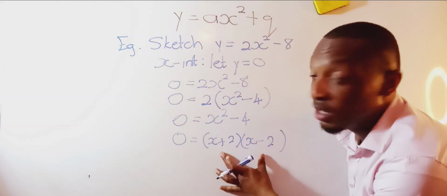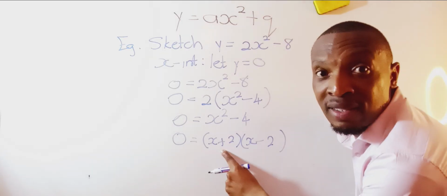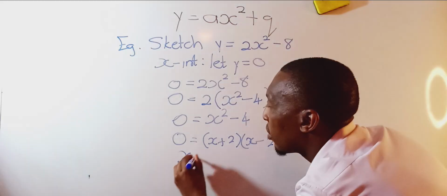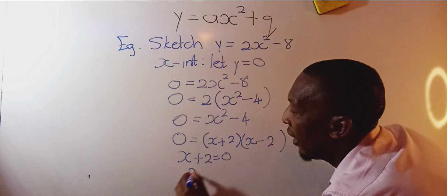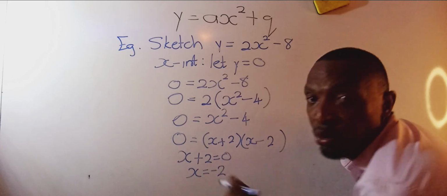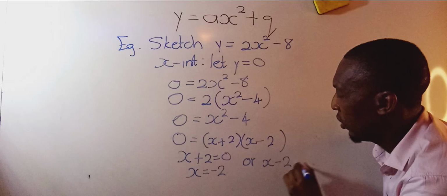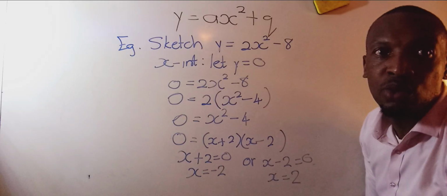Whenever I have two things multiplied by each other giving me an answer of 0, it means that either this is equal to 0 or this is equal to 0. So x plus 2 is equal to 0, which means that x is equal to -2, or x minus 2 is equal to 0, which means that x is equal to 2.